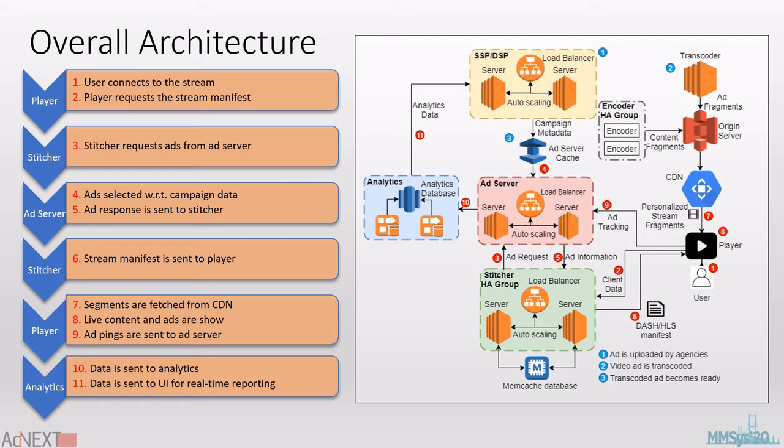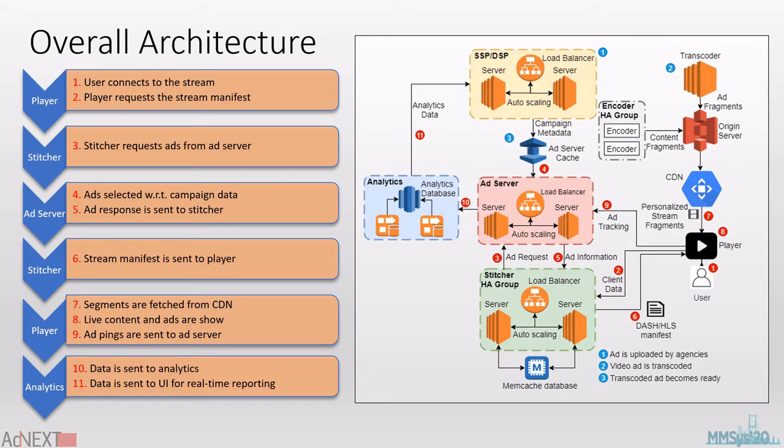When the user requests the stream as the first step, he or she makes a request to a component in the cloud, which we call the stitcher. And the stitcher is mainly responsible for generating an actual ABR manifest in either Dash or HLS format with personalized ads. The stitcher getting the request basically creates a session for every user and requests ads from the ad server.